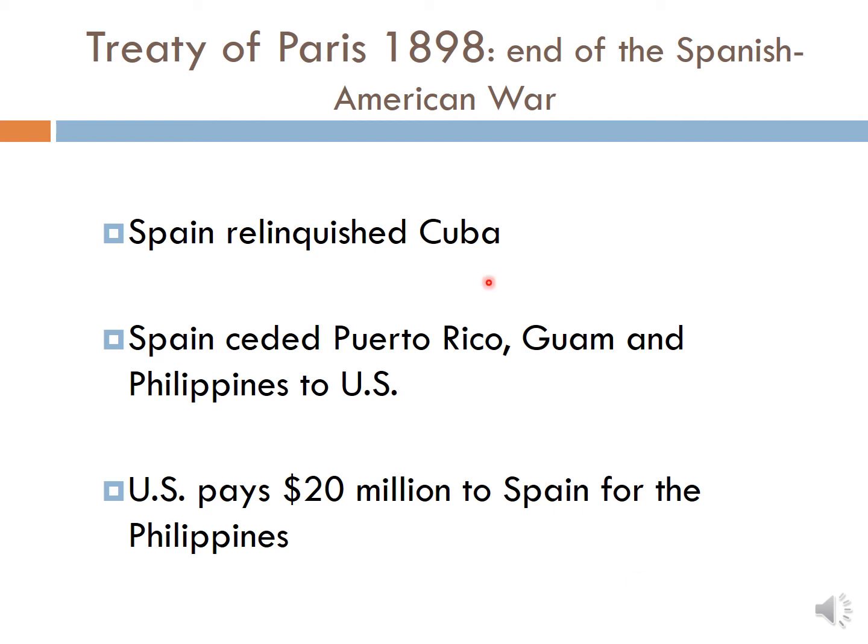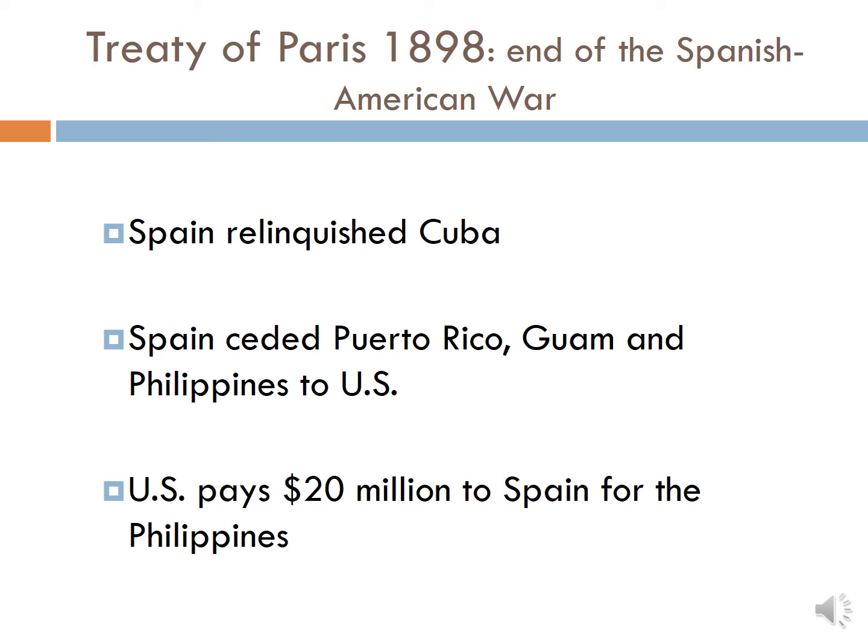But Spain relinquishes its power over Cuba, but the United States still wanted to have some influence in Cuban political and economic affairs. After all, Cuba is only 90 miles off the coast of the United States, and it was an extremely profitable, resource-rich area. So that is what we are going to talk about next.